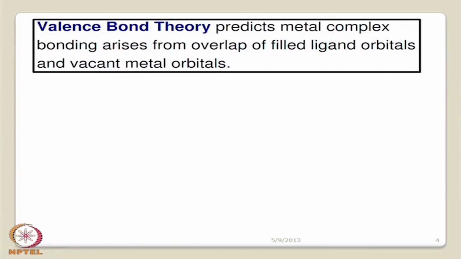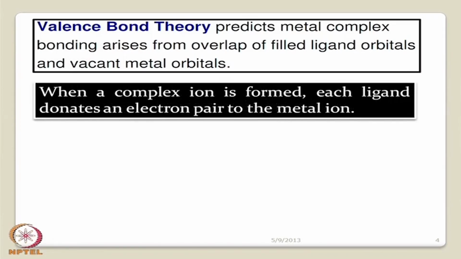We must first have the hybridized vacant metal orbitals, and those can overlap with the filled orbitals of the ligand. So ligands can donate the electron pair to the metal orbitals, forming the metal-ligand bond in the usual way as a coordinate bond, or coordinate covalent bond. When a complex ion is formed, each ligand donates an electron pair to the metal ion.